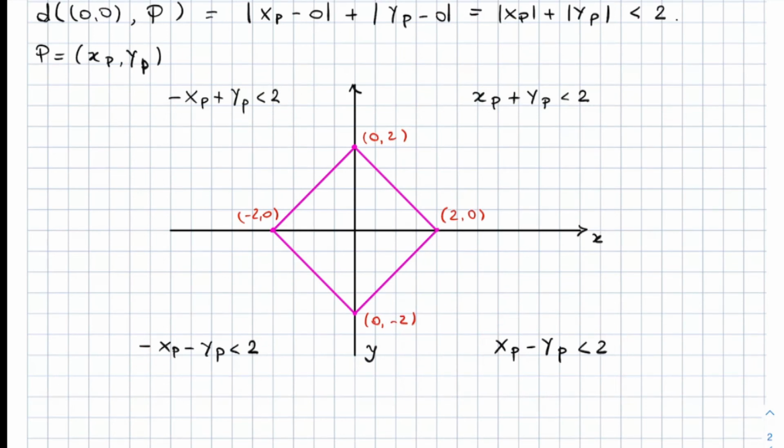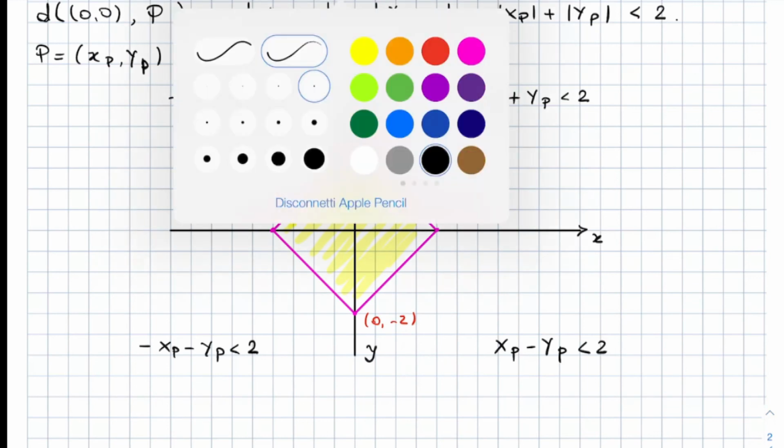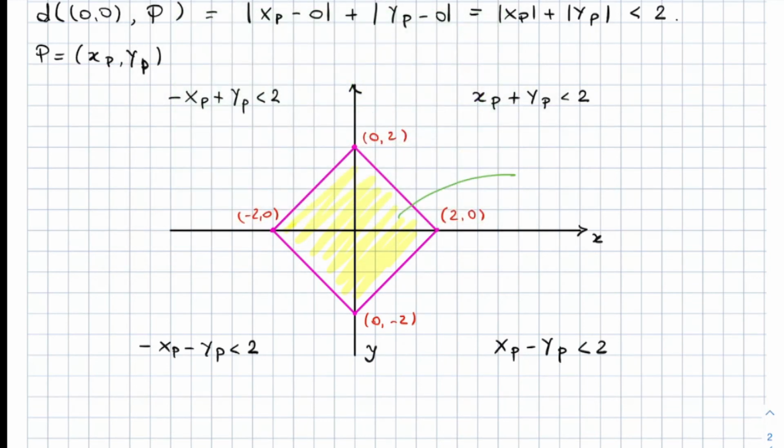So the points in this square are the ones that have distance from 0, 0 at most 2, and therefore the yellow part is exactly given by the ball centered at 0, 0 of radius 2 for the taxi metric.